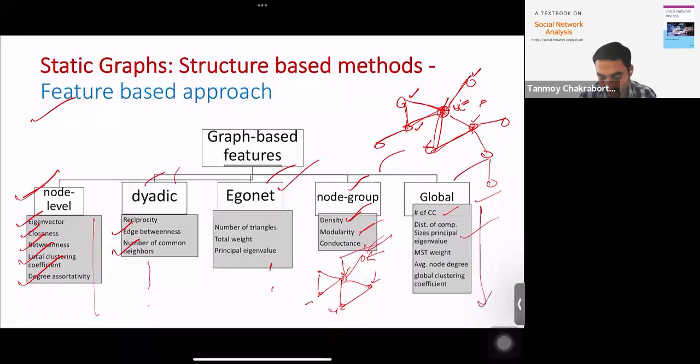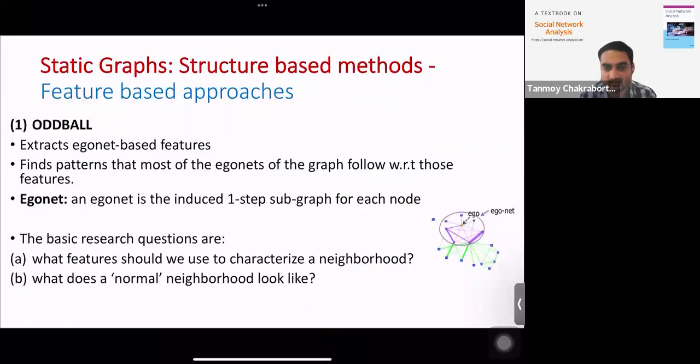So these are all network-centric properties. Okay, so these features can be fed into classifiers, and then you can use standard classifiers for classifying nodes as anomalous or not. The first pioneering attempt was this one, which is called OddBall, right?